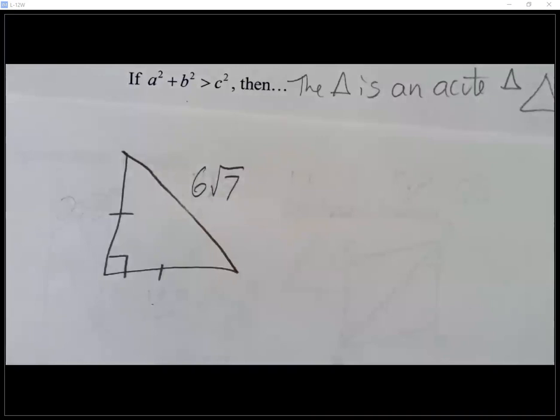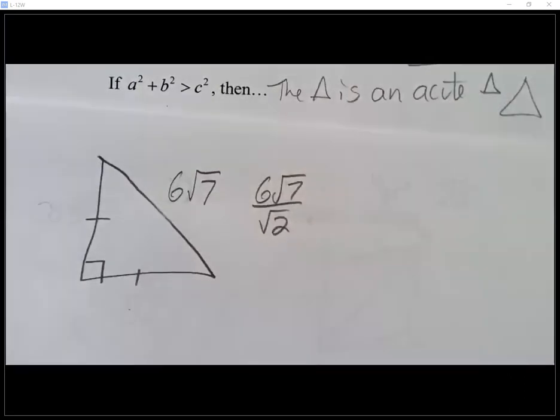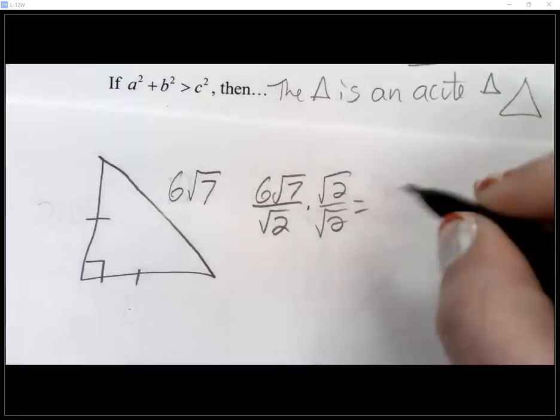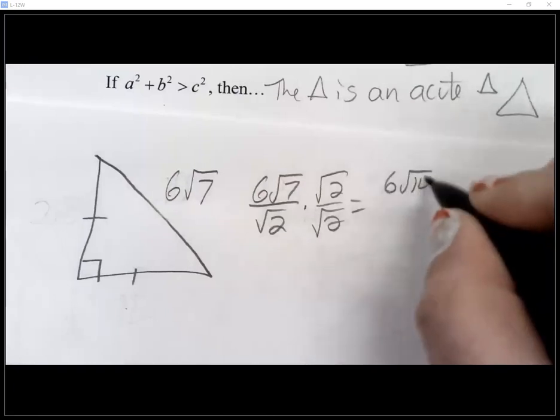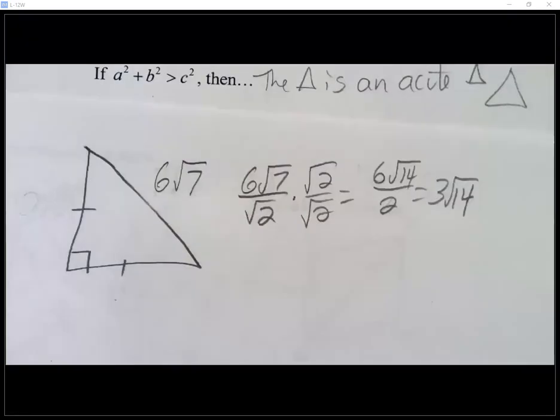That's why it's important, I know some of them you can do in your head, but sometimes stop and ask yourself, okay, I'm just going to take this number and divide it by root 2, and then just do the math out. Simplify those radicals, so you get 6 root 14 over 2, and then just simplify. 3 root 14. So if you have the hypotenuse, you need to divide by root 2 to get the other side.